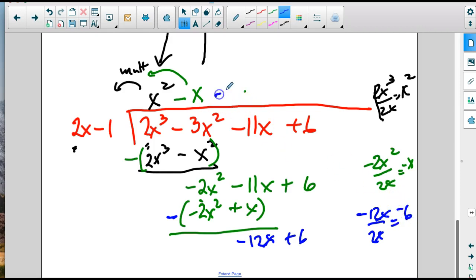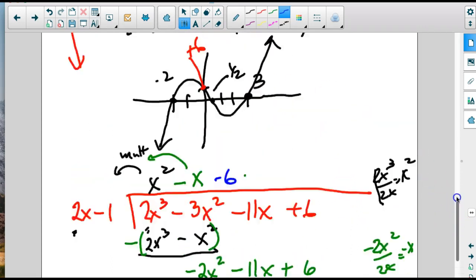So this is what goes here, -6. Then if we multiply -6 times that, we get -12x and we get +6. And we subtract, and we get 0 here.